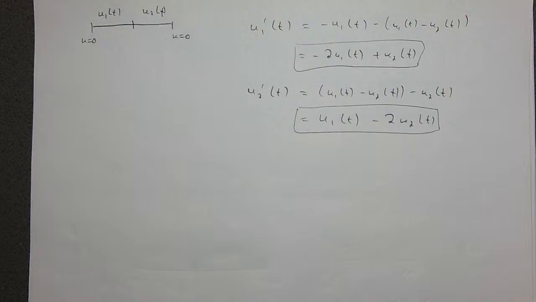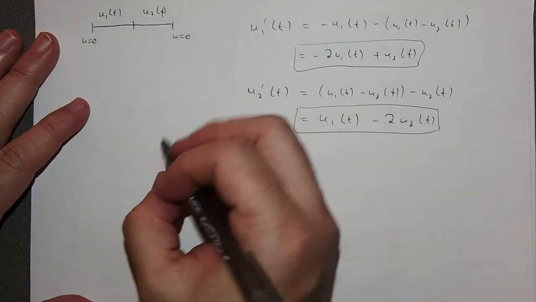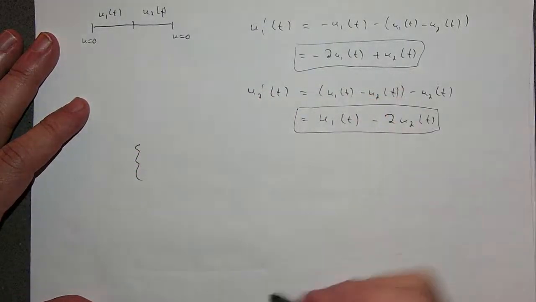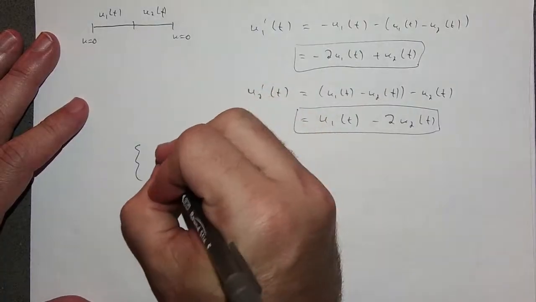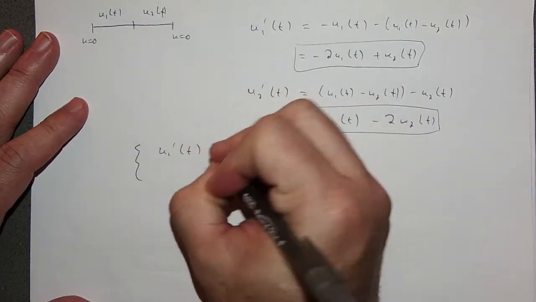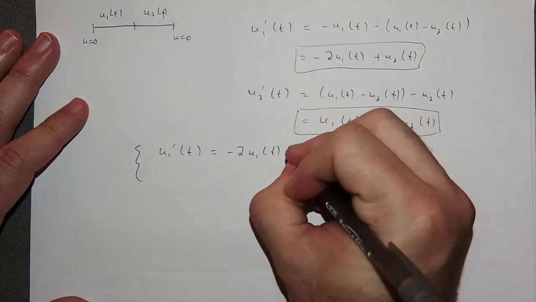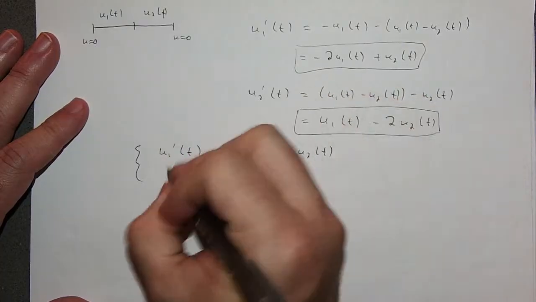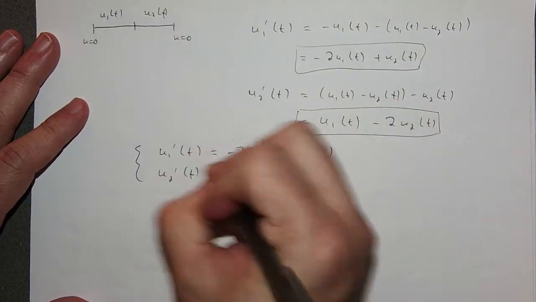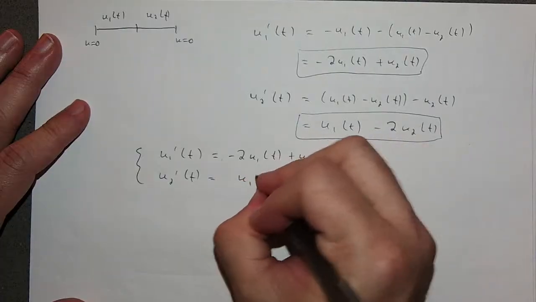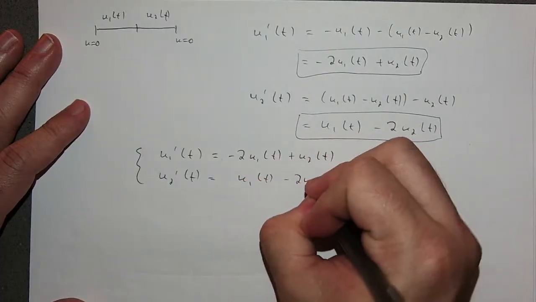So putting this together, this is actually a system of first order differential equations that looks like this. U1 prime of t is minus 2 U1 of t plus U2 of t, and U2 prime of t is U1 of t minus 2 U2 of t.